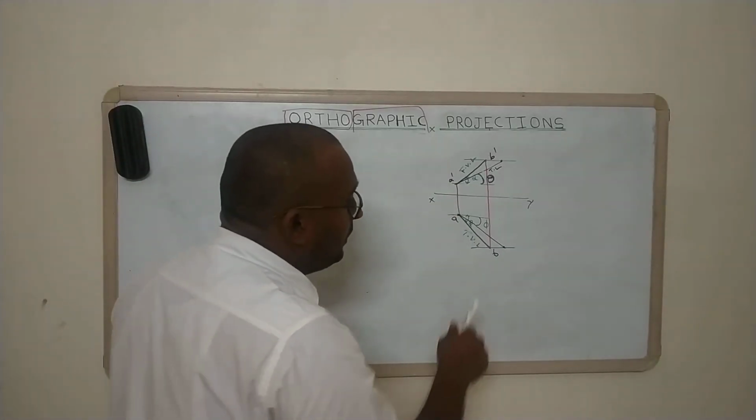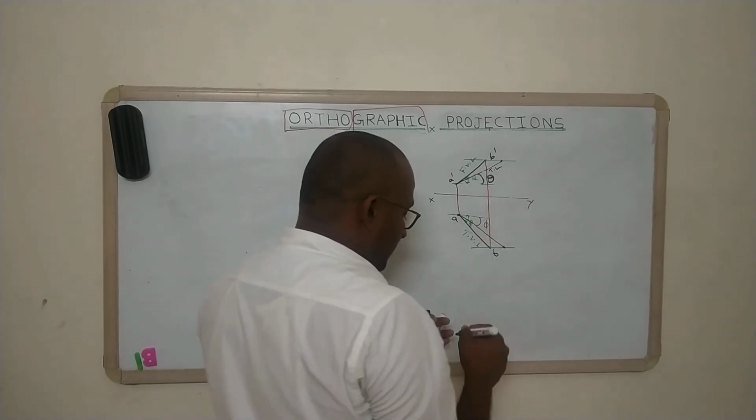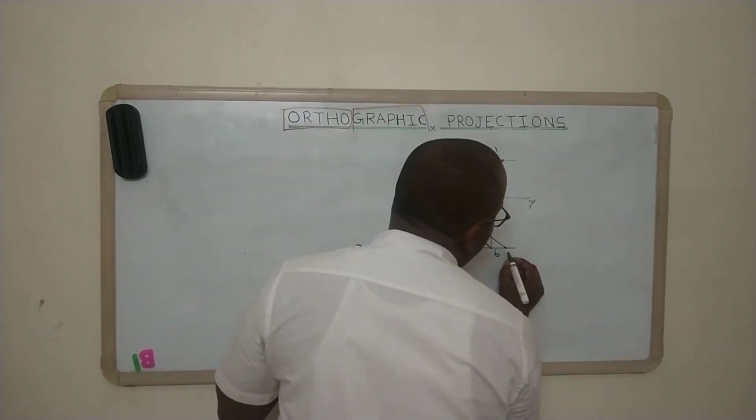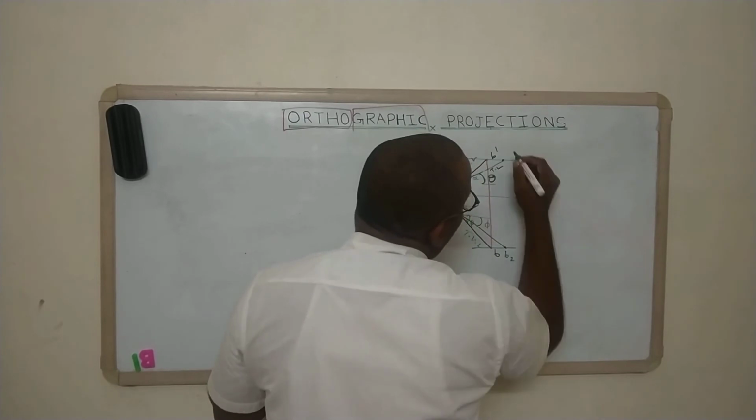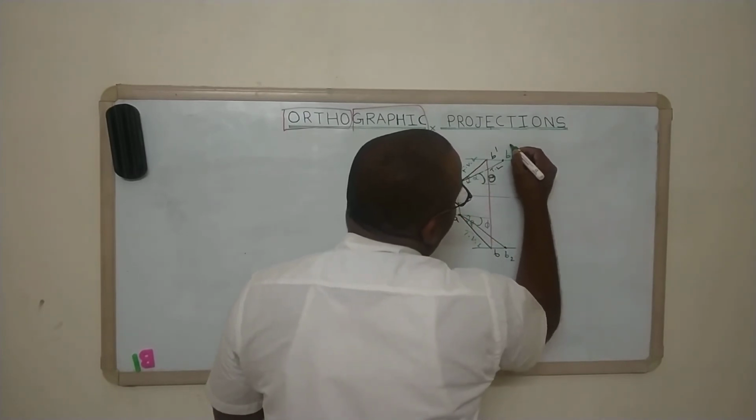So here these two can be represented with B1, B2 and then B1 dash.